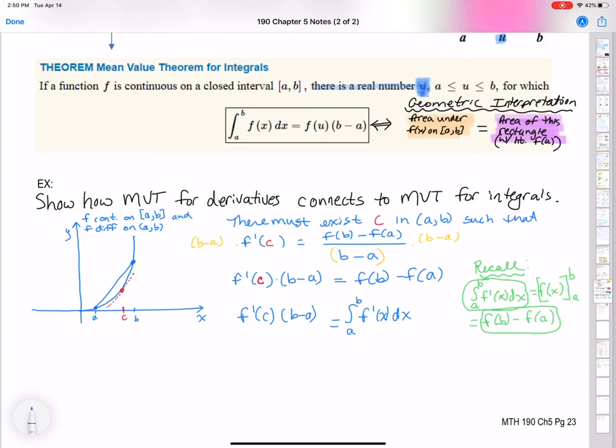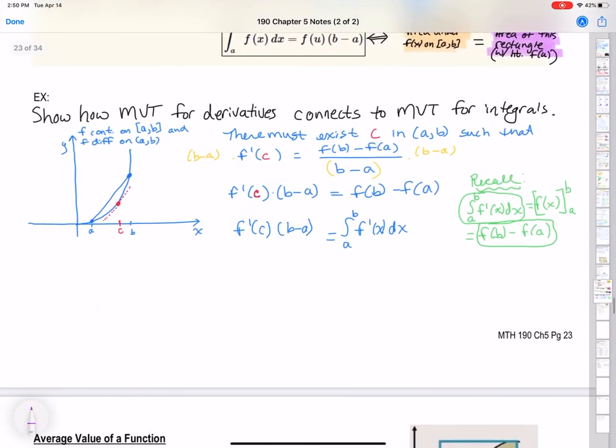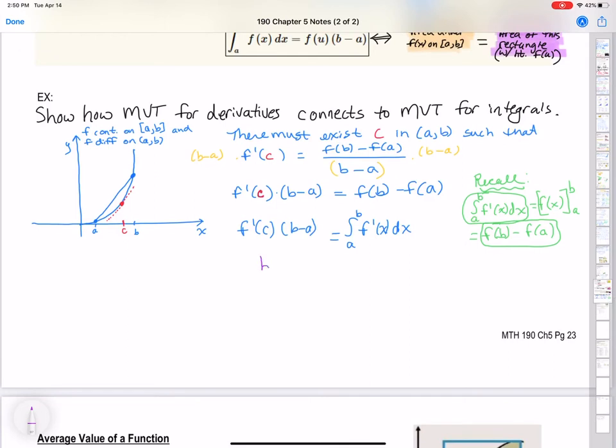The only thing that's throwing us is probably the f prime. So suppose I just say, okay, instead of calling it f prime, let's just replace f prime with g. Let's let g of x equal f prime of x.